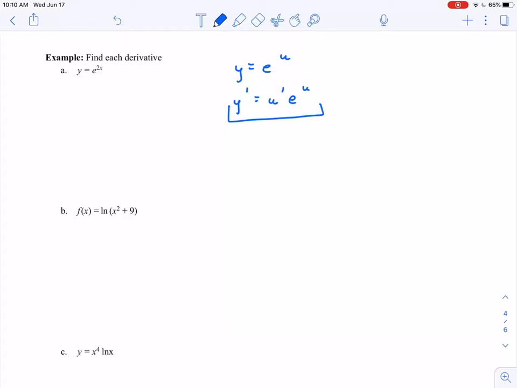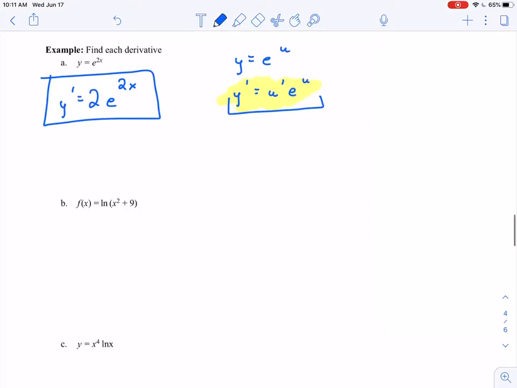So when I go to find my derivative, I multiply by the derivative of my power, 2x, which is 2, times e to the u. Well, e to the 2x stays exactly the same. And there's my derivative. It's as simple as that when we're using this formula. So I think having this memorized is a really nice tool. It speeds up the process of finding the derivative and using the chain rule a whole lot. I do think it makes these problems much easier.